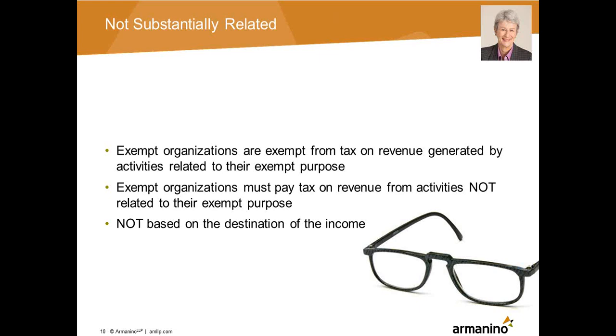A lot of times folks will think that fundraising is somehow related to their exempt purpose because the income from the fundraising activity supports what the organization does. And so that's not a good analysis. Remember that we always want to look at the activity itself when we determine if it's related to the organization's purpose. We're not going to look at the benefit derived therefrom.